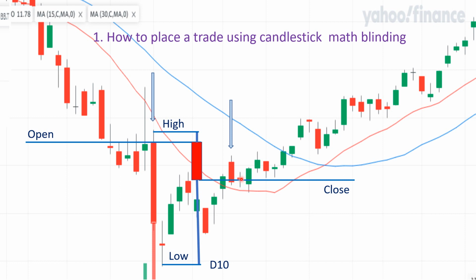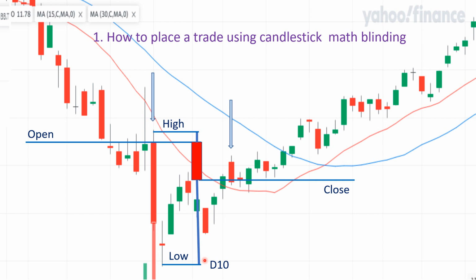So not this one, but this one, it closes way above the close price of the equivalent. So we enter the trade here and we put our stop loss 1 or 2 ATR below the low of the equivalent.